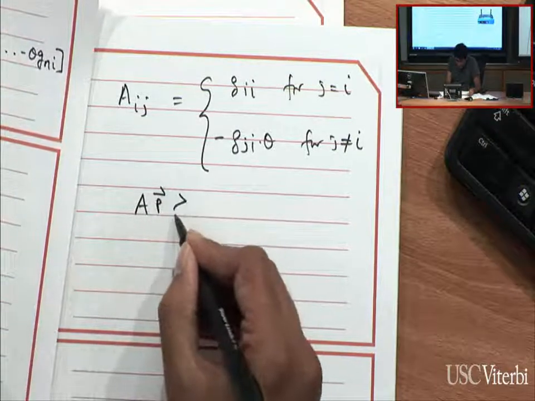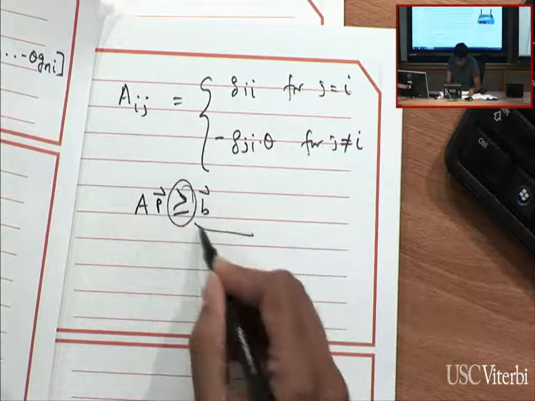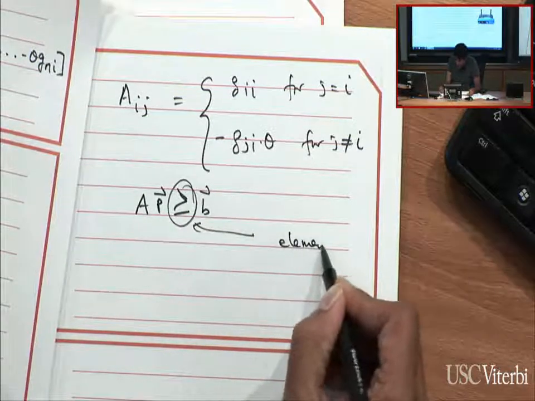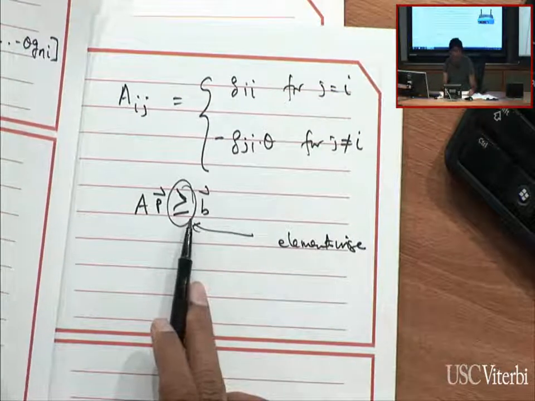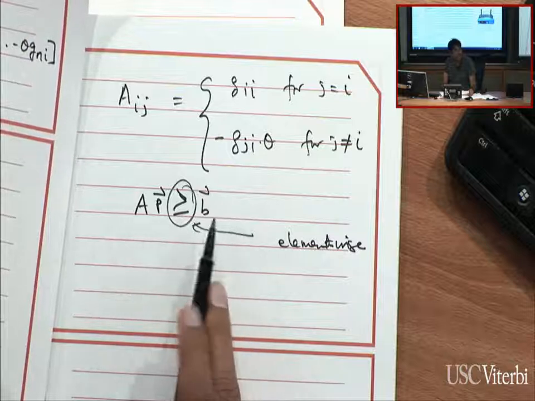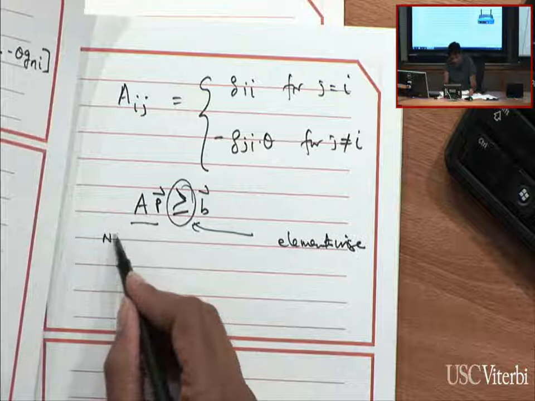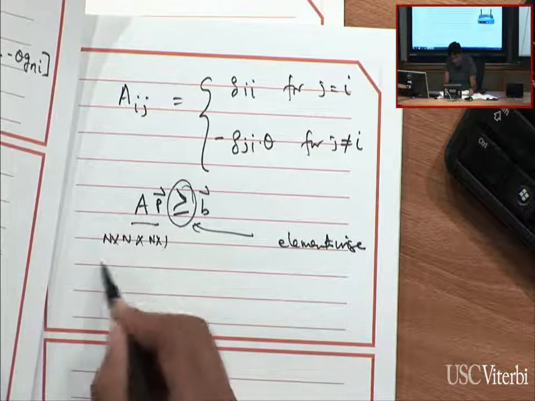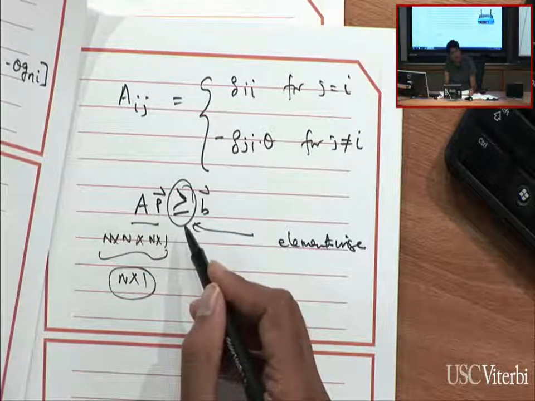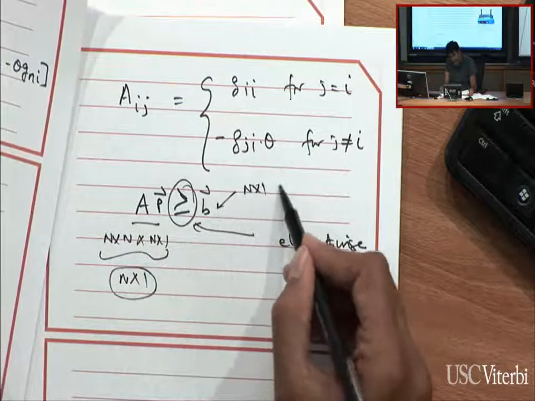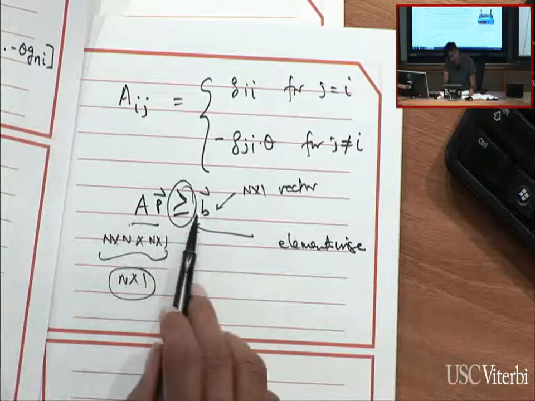And this matrix inequality is element-wise. We don't really define greater than or equal to for vectors. B is actually a vector. This is an n by n times n by 1, so this whole thing gives you an n by 1 vector, and this is an n by 1 vector. So there's a vector on the left-hand side and a vector on the right-hand side.